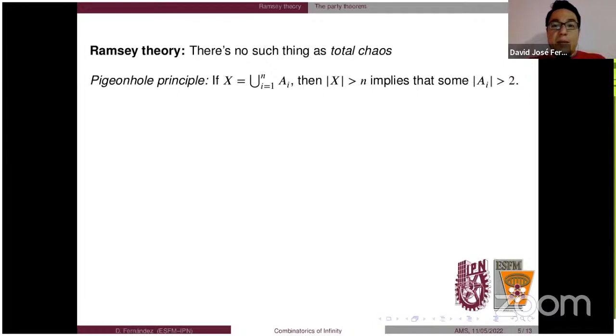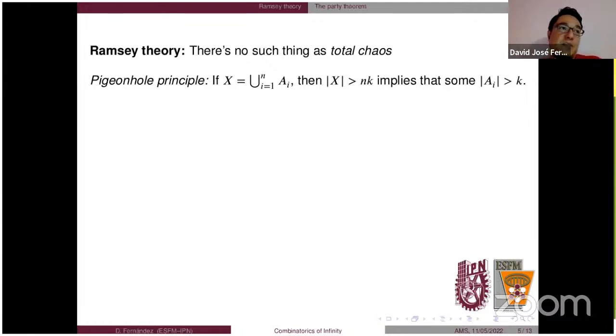More generally, I'm going to make a small change in this theorem. All I did is put in another parameter k. So if you give me a k, and you define chaos as not having k or more elements with something in common, so not having k or more elements within the same cell of the partition, then you have this Ramsey theoretic result in the same flavor.